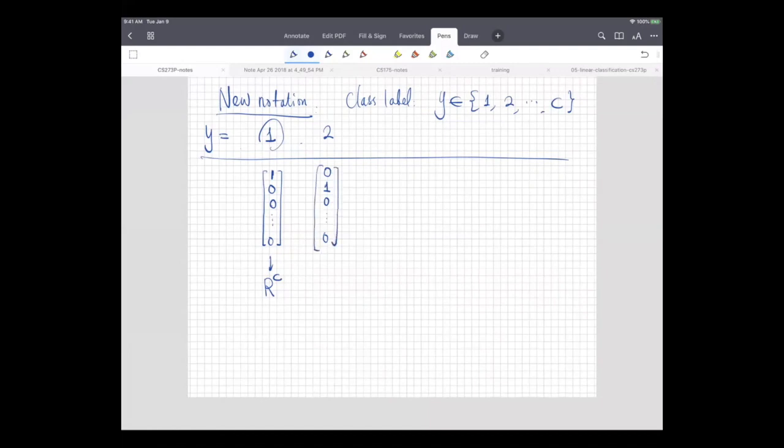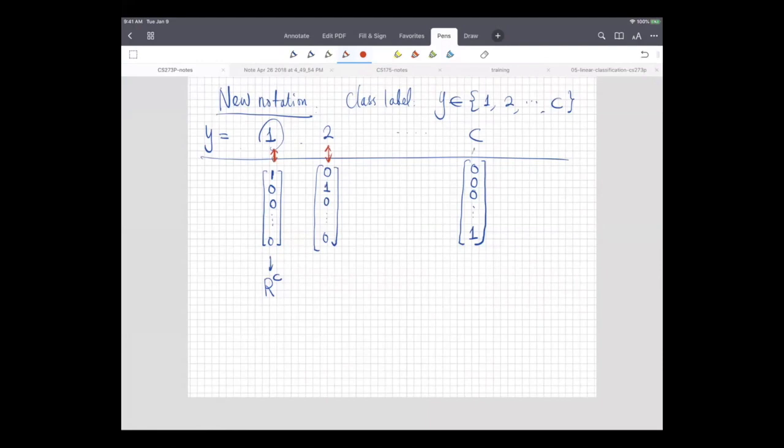And so on. If the class is the last class, I have all zeros except the last component, which is 1. You can see now there's a one-to-one correspondence between these two representations.